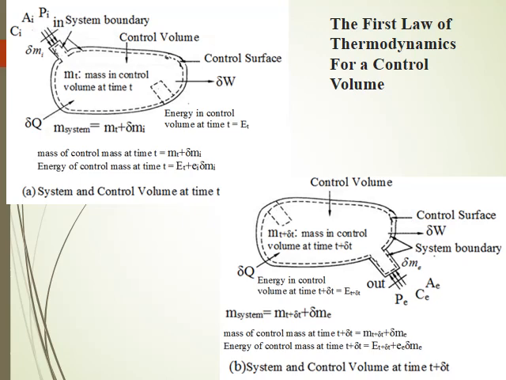Now we assume that the total work by the control mass during the process will be equal to the flow work plus the work done by the control volume. Flow work is the work associated with the mass delta mi and delta me crossing the control surface, whereas delta wcv will include all the other forms of work associated with the rotating shaft that crosses the control mass boundary.